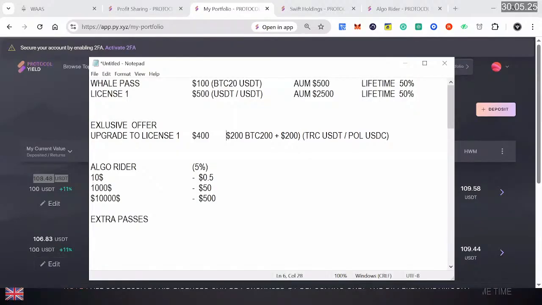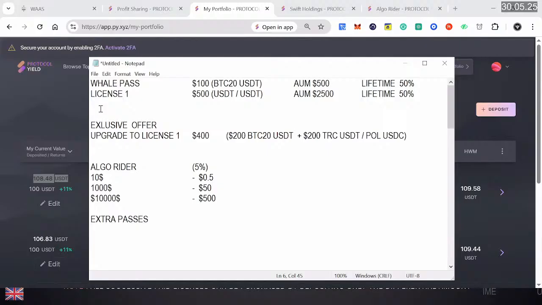You remember we had mentioned that purchasing whale passes will give you an advantage. Now you have more options to encash your BTC20 USDT. So 200 in BTC20 USDT and 200 in TRC20 USDT.